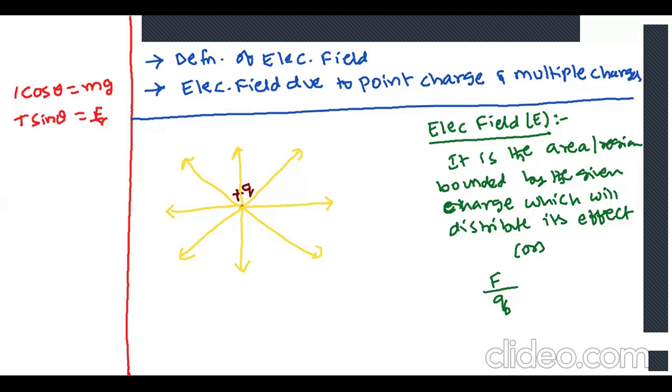Suppose I have a given charge plus Q. Now, from infinity, we take a test charge Q naught, so that this test charge does not experience any effect of the given charge. Slowly I move it forward.